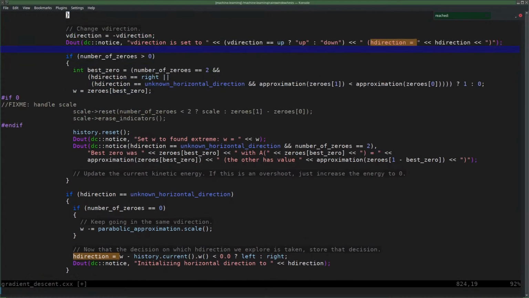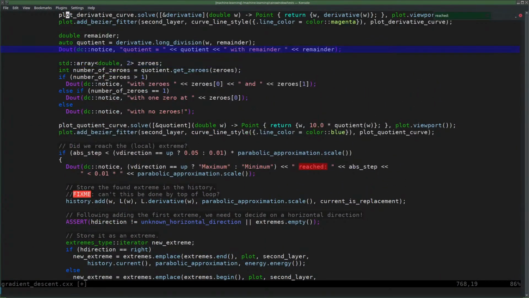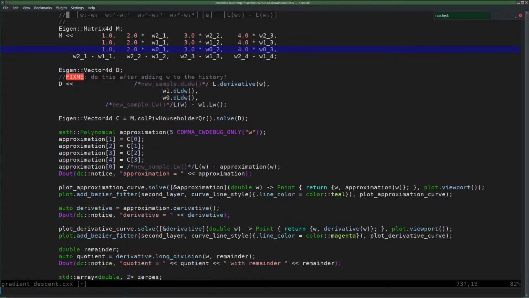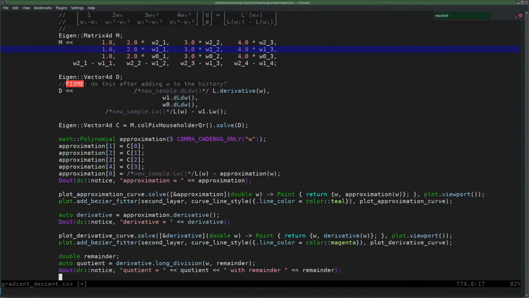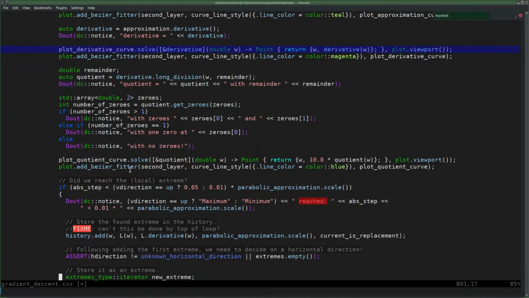Let's try to understand this. So what I did here is fit a 4th degree polynomial, like here, and then we find the two extremes of that. I mean a 4th degree polynomial, so one extreme and another one.